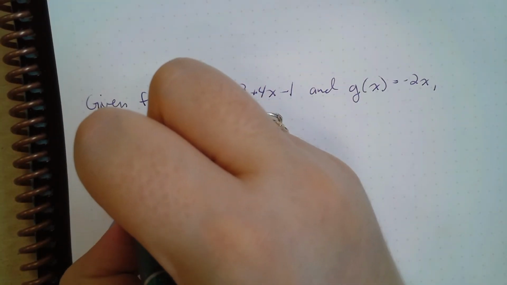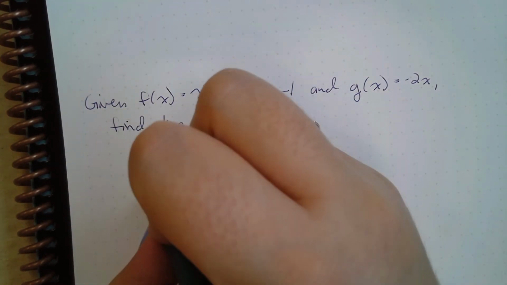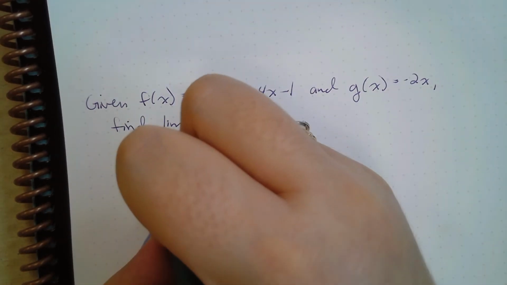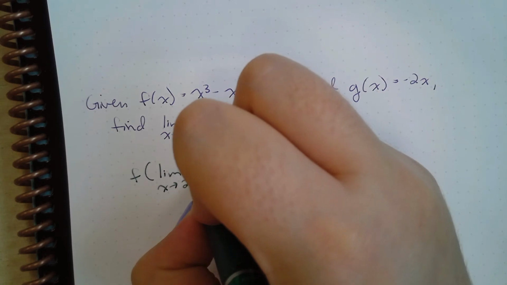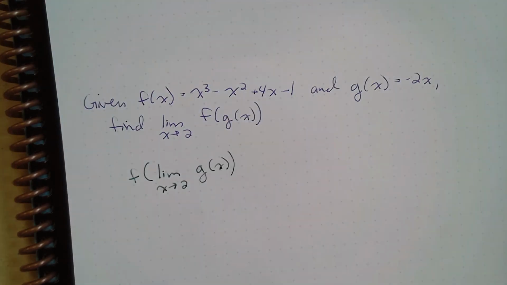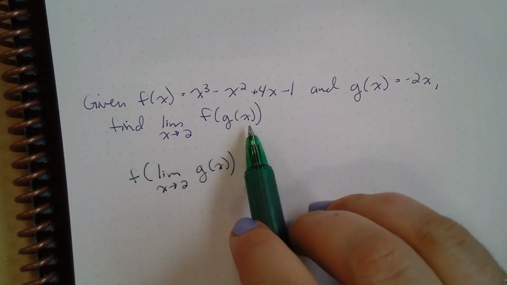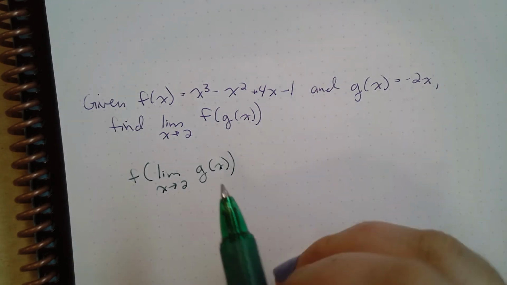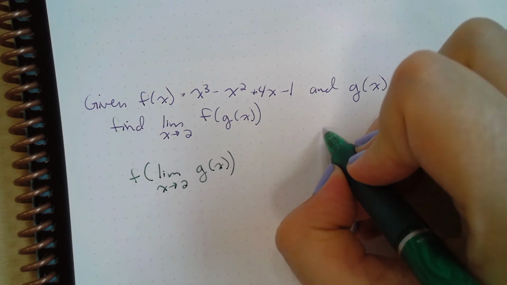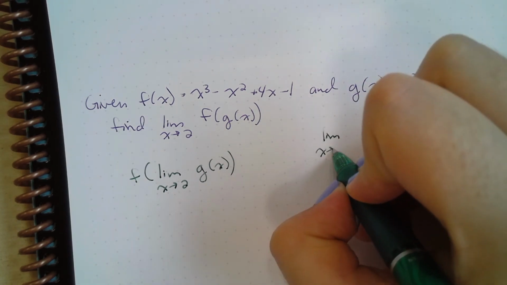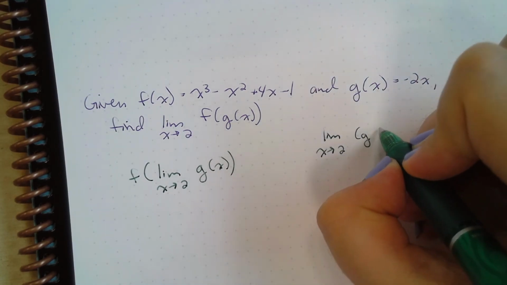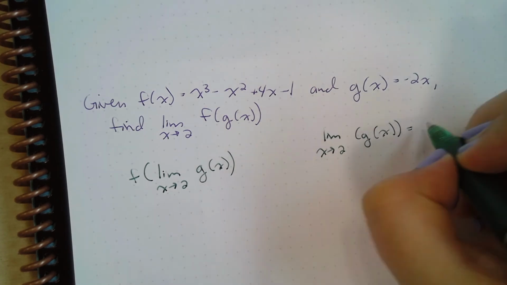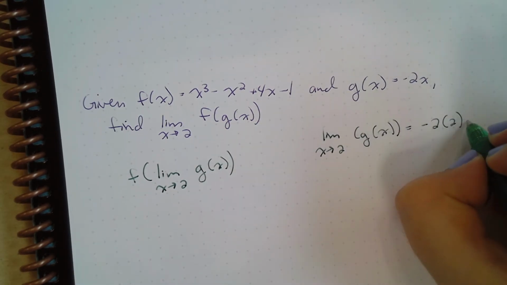So this is going to be the same as f of the limit as x approaches 2 of g of x, right? This is the same thing here.